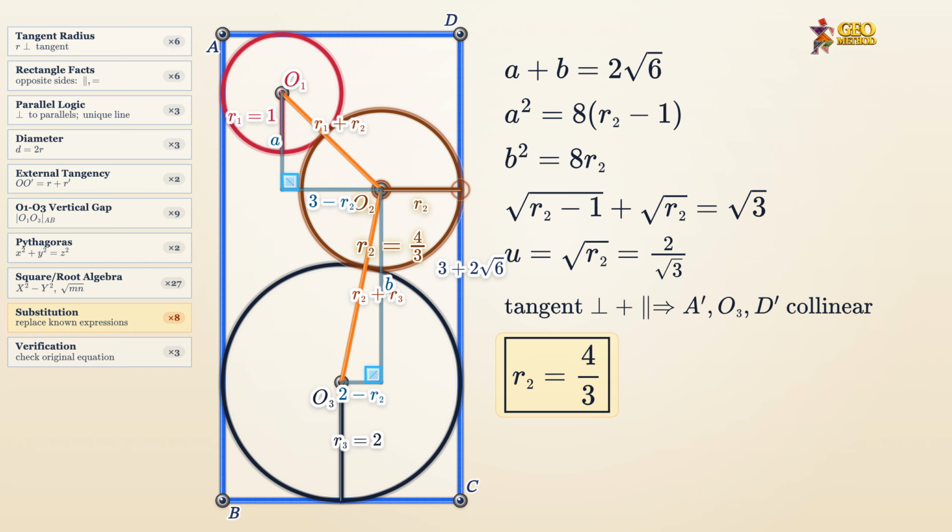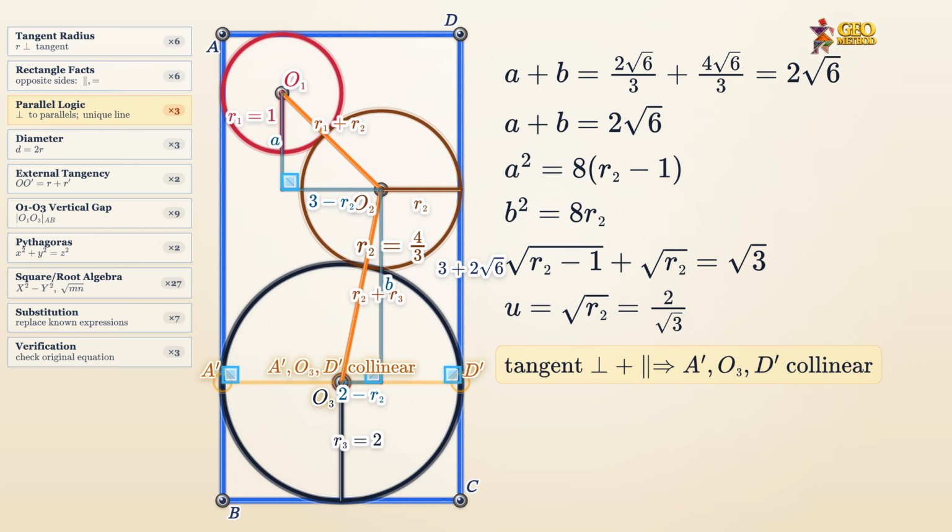Therefore, the target circle radius is 4/3. That is the value of R2. So, the target radius is 4/3. The important lesson is not only the answer, but the theorem tree behind it. We used tangency, parallel sides, right triangles, and then a radical equation.